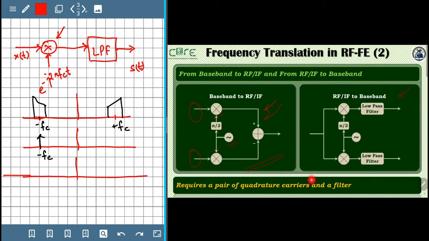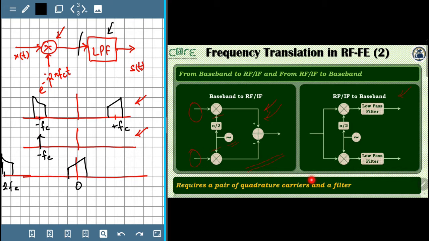So this upper spectrum gets convolved with the lower spectrum, and the result will be that the two spectral versions at plus fc and minus fc will now get shifted around minus fc, leading to one spectrum coming at 0, and the other spectrum will move to minus 2fc, and it will look something like this. And the next operation that we apply here is the low pass filtering.